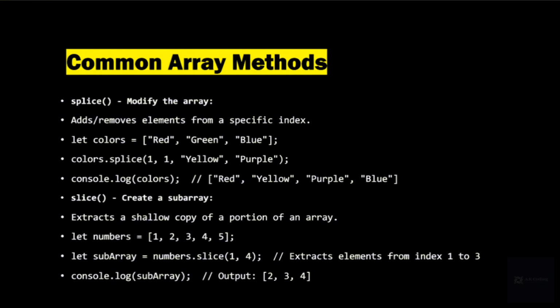With splice, as you can see here, we have colors: red, green, blue, and colors.splice removes the element at index 1, which is green, and puts yellow and purple there, so green is removed and it will print red, yellow, purple, blue.